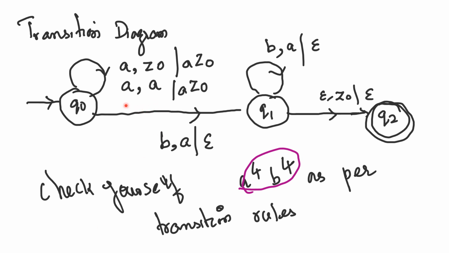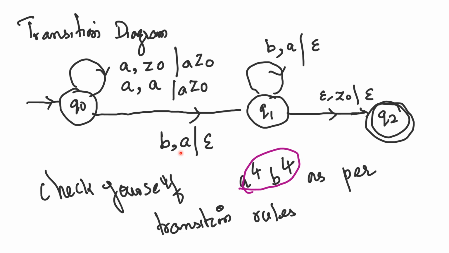So this is the final transition diagram as per the rules. In the starting state, if you are reading input A and the stack symbol is Z naught, we can push the element into the stack. So this is input, this is output. If you are reading A, input is A, and stack symbol also A, again you have to push.